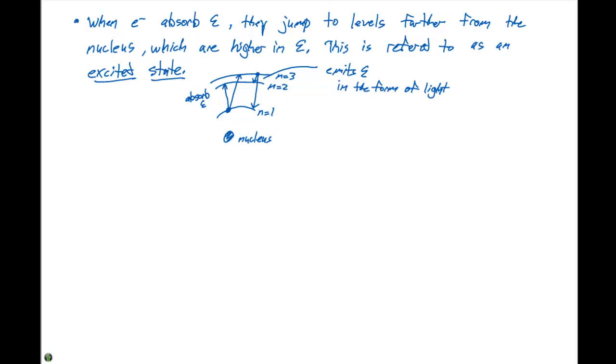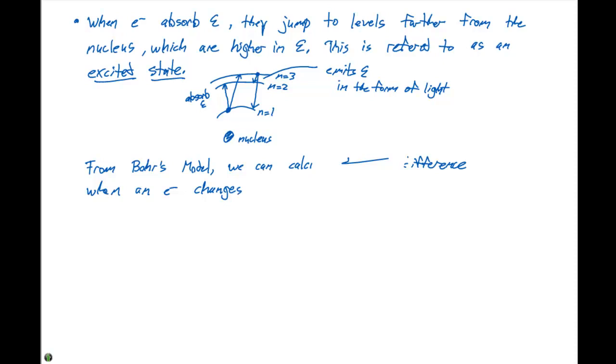So what we can do here, using this information from Bohr's model, is calculate the energy difference when an electron changes orbitals.